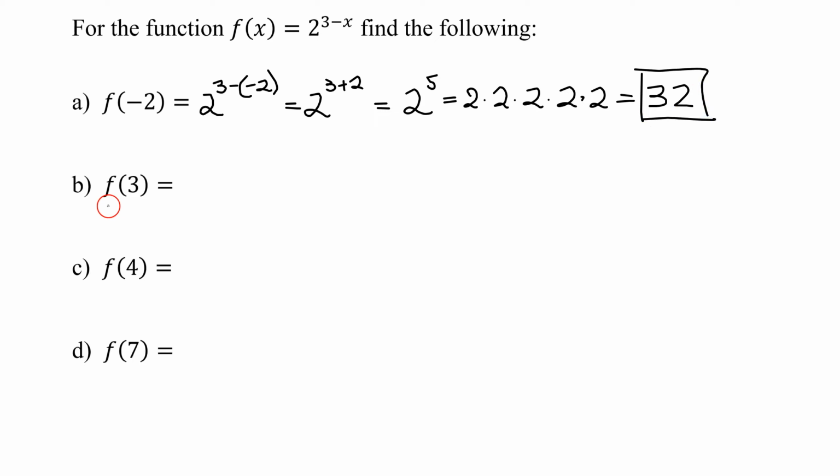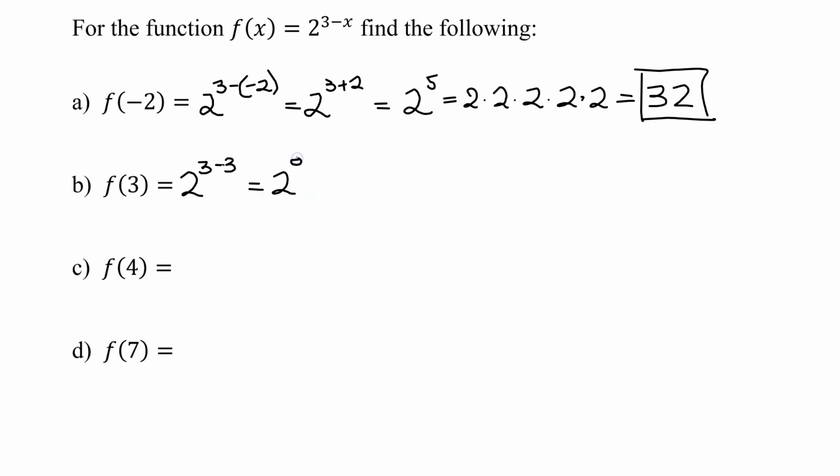Now in part B, we have to find f of 3. That means evaluate the function f when x is 3. So I'm going to get 2 raised to the 3 minus x. So it's going to be 3 minus, and what's x? 3. So I have 2 raised to the 3 minus 3. What's 3 minus 3? It's 0.